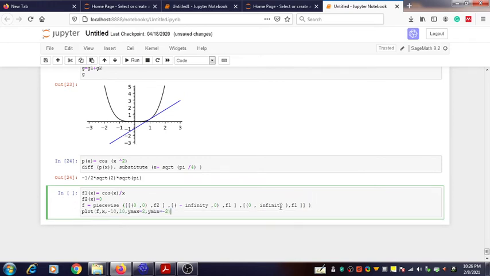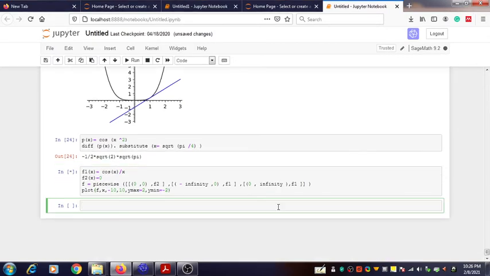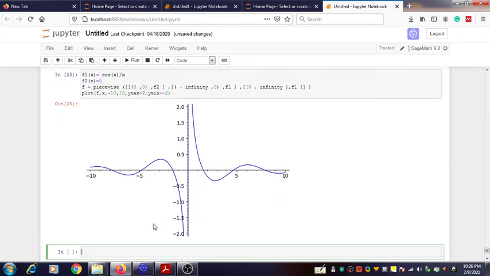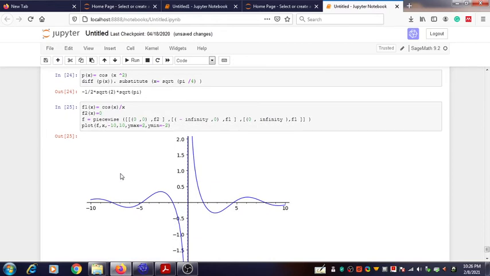Now I am going to take the output. Thus we can see the plot we have obtained. You can see that there is no connection.